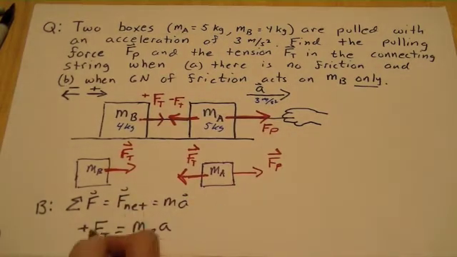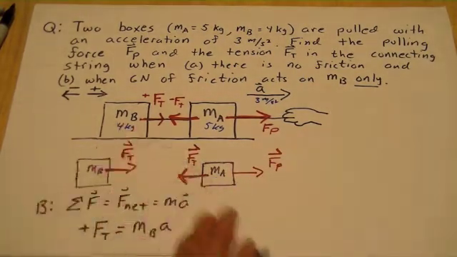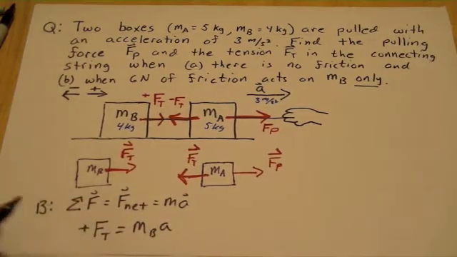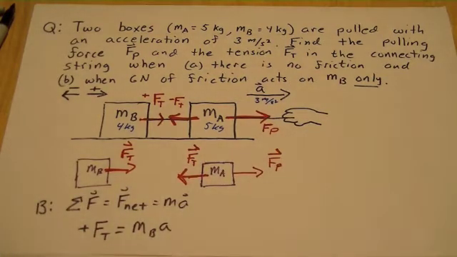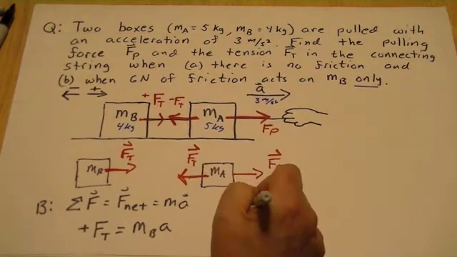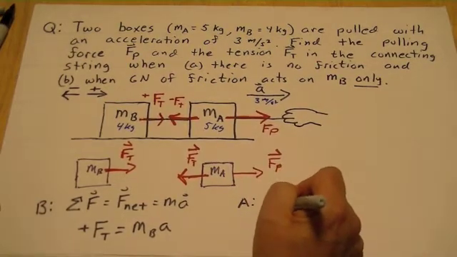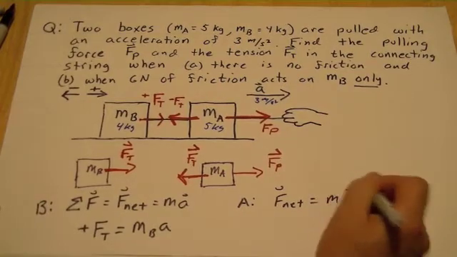Now, notice I'm not worried about numbers here. Numbers are just going to confuse me. So I'm not going to worry about putting in numbers until the end. Let me now take a look at box A. On box A, again, I would say that F net is equal to mass times acceleration.